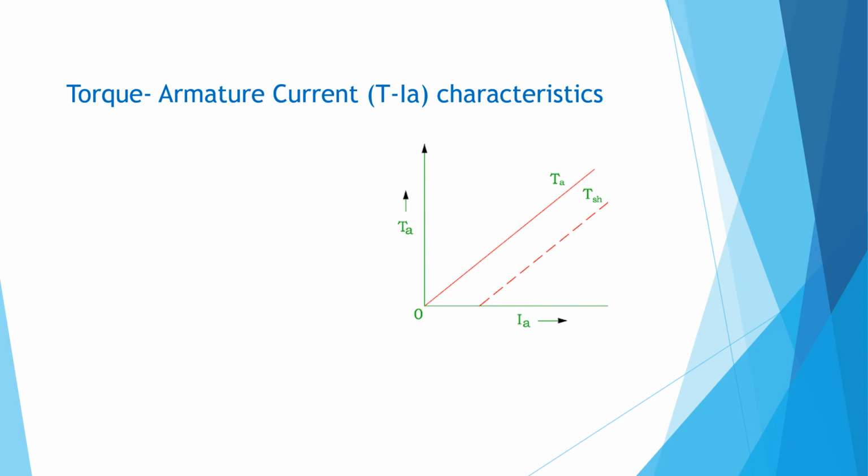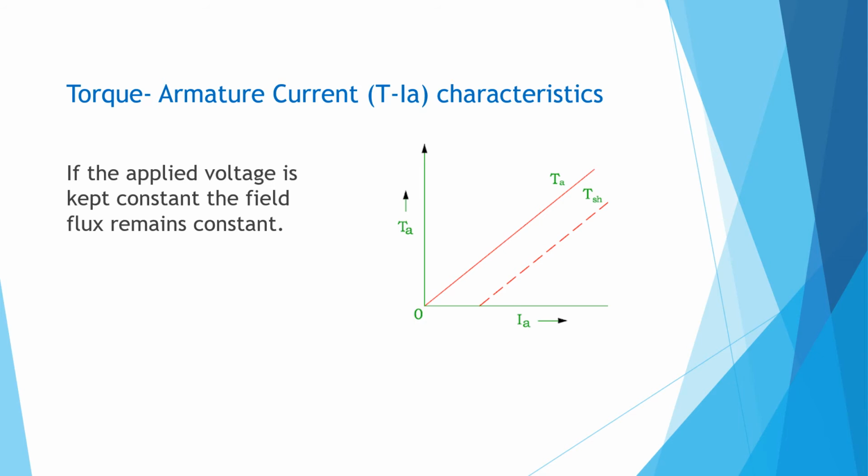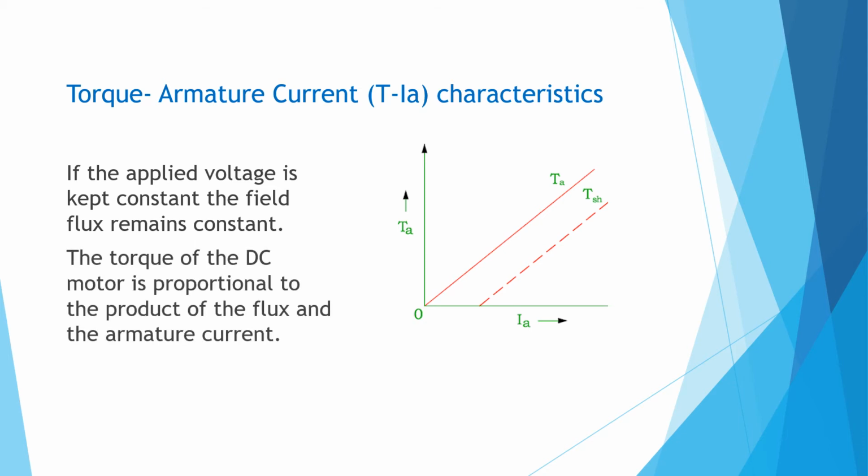Let's discuss torque versus armature current characteristics. If the applied voltage is kept constant, the field flux remains constant. The torque of a DC motor is proportional to the product of flux and the armature current.